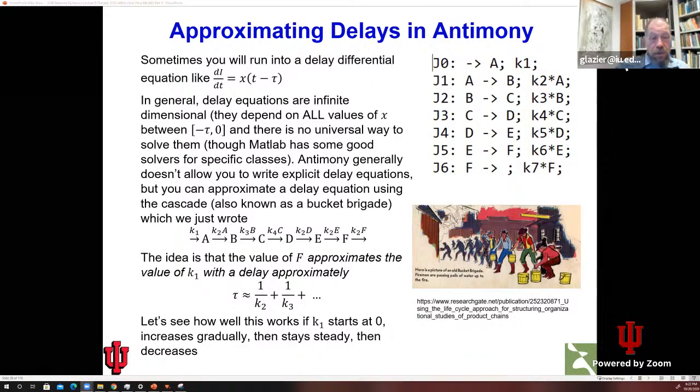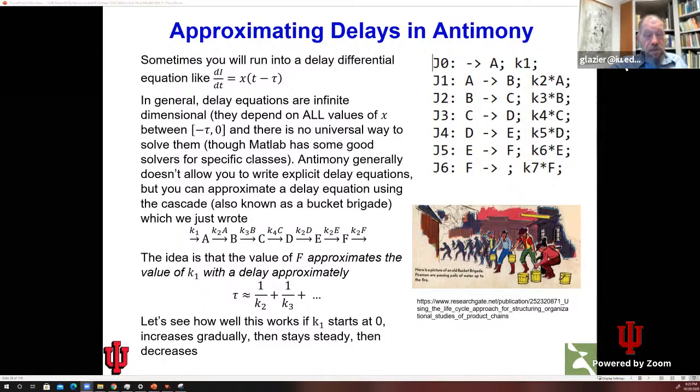And occasionally, especially if you're dealing with things like the immune system, or for that matter, births, you'll have an equation where dI by dt is equal to some function or some variable evaluated not now, but sometime in the past. The number of births today is equal to the number of pregnancies 9 months ago, modulo deaths and some variation.